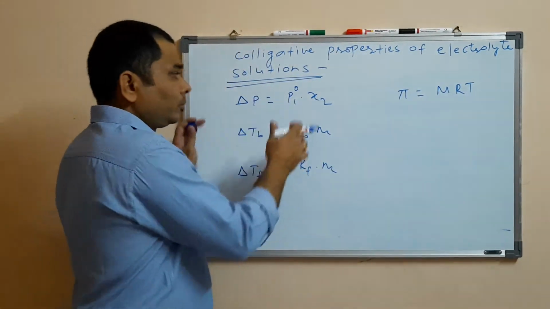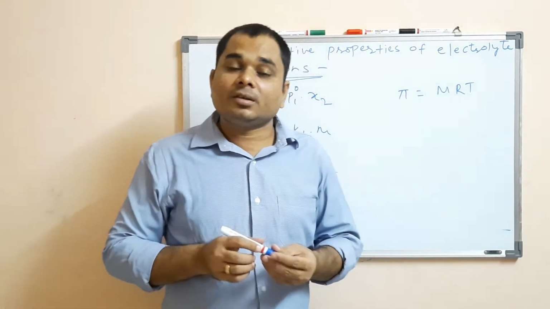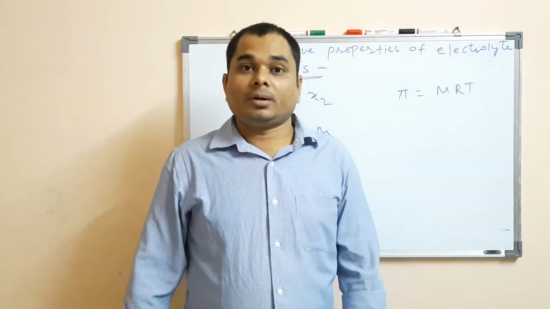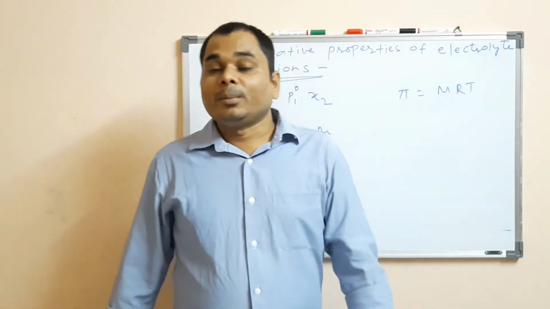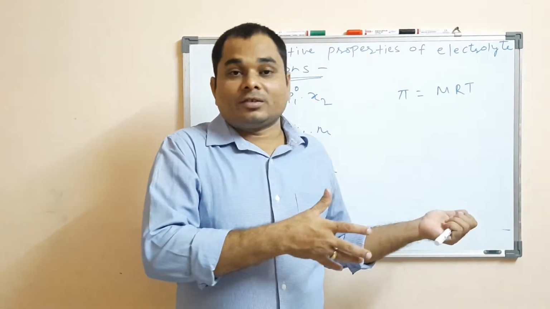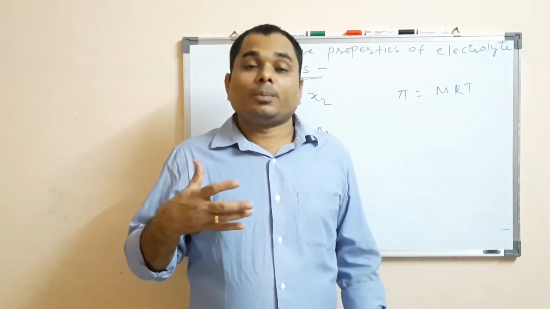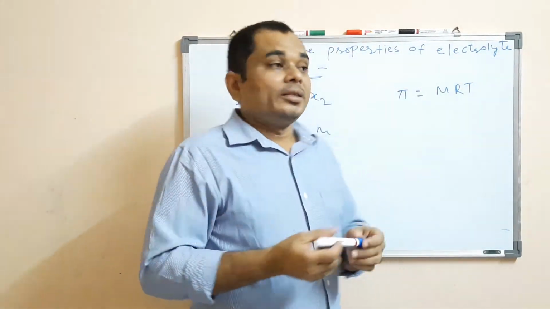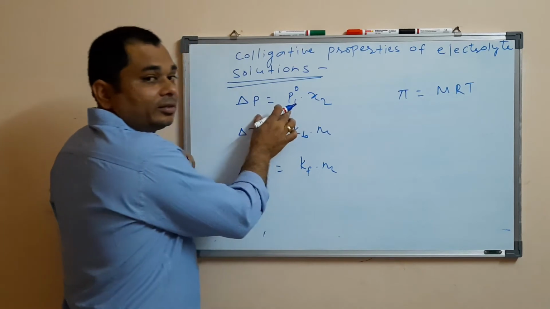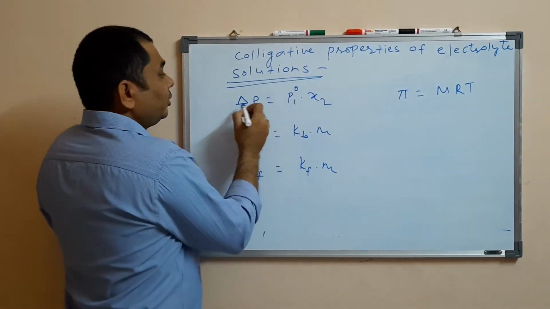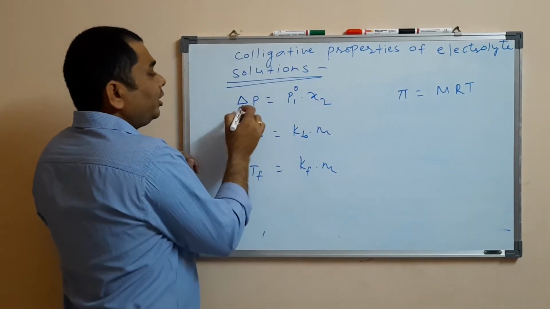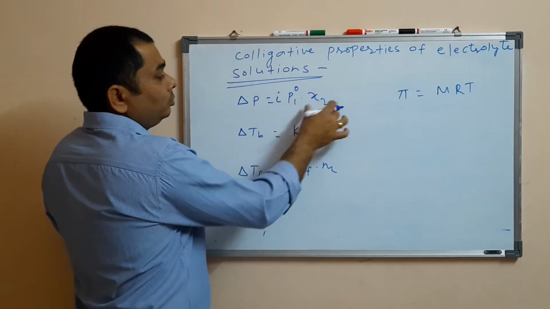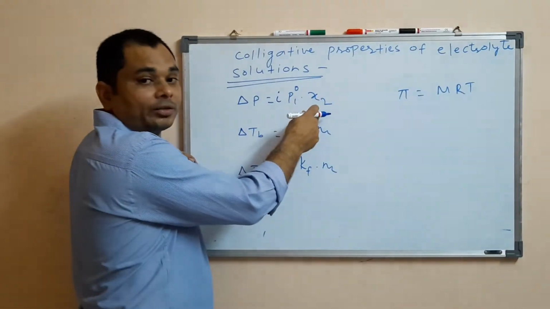Now, these are the relations for the solutions of non-electrolytes. But if we want to use these equations for the solutions of electrolytes, then we have to introduce small corrections, that is this Van't-Hoff factor. So the new relation that we will have to use is delta P is equal to i into P1⁰ into X2.